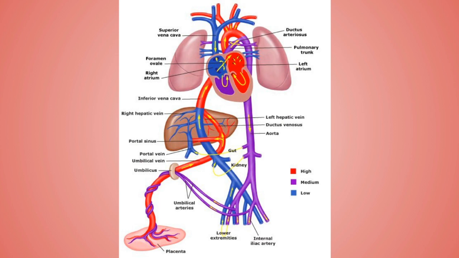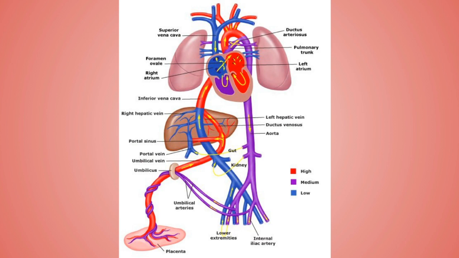While the blood which enters the right ventricle from the right atrium will be comparatively less pure than the blood which enters the left atrium. Why? Because this blood in the right ventricle gets mixed with the impure blood coming from the superior vena cava. Now this comparatively less pure blood from the right ventricle will enter the pulmonary trunk.